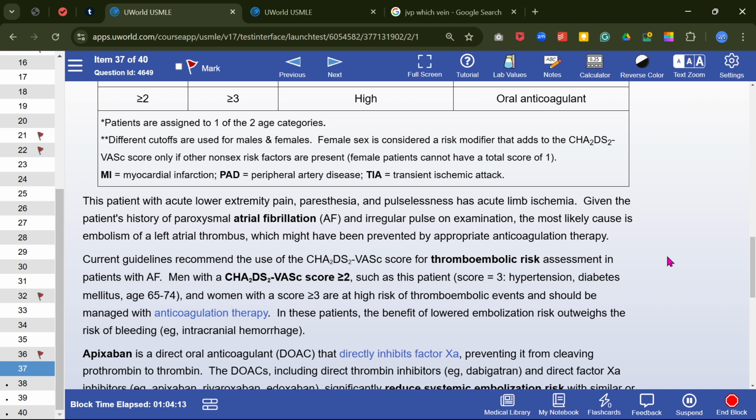Given the patient's history of paroxysmal atrial fibrillation and irregular pulse on examination, the most likely cause is embolism of a left atrial thrombus, which might have been prevented by appropriate anticoagulation therapy. Current guidelines recommend the use of the CHA2DS2-VASc score for the thromboembolic risk.